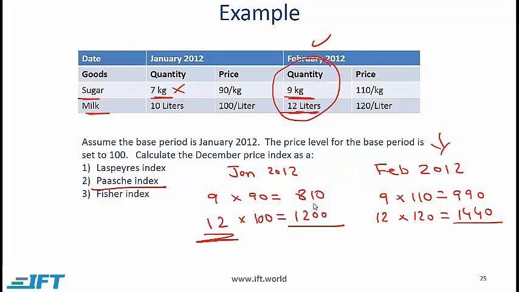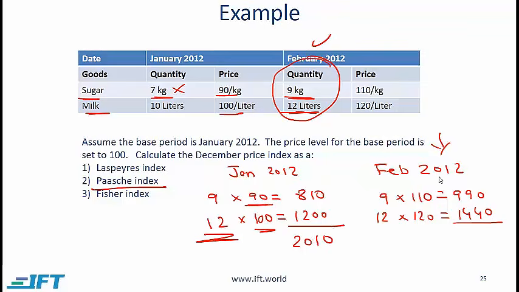The prices obviously need to be used based on what was valid in that month. In January, the prices were 90 and 100. So we'll do 9 into 90 and 12 into 100. These are the prices for January. When we do this calculation, we get 2010.